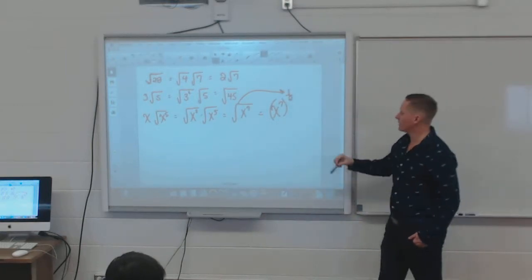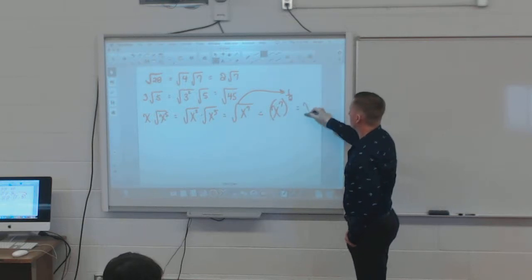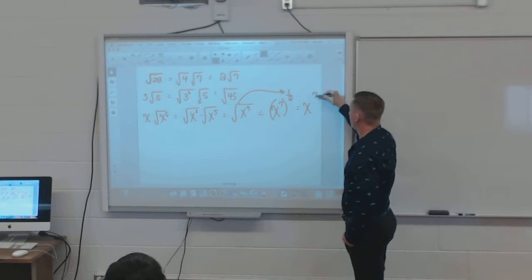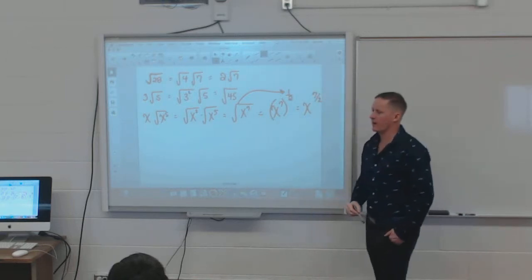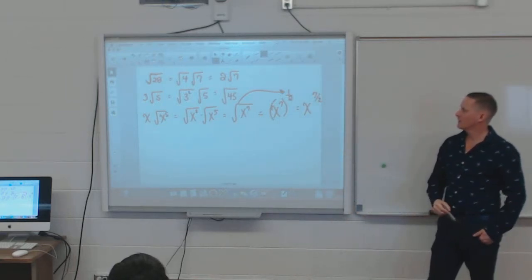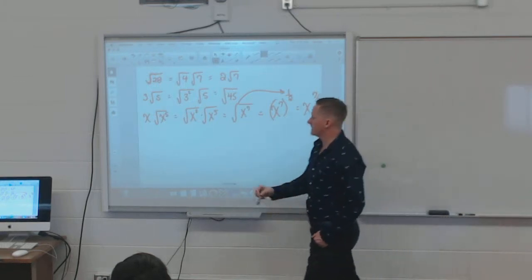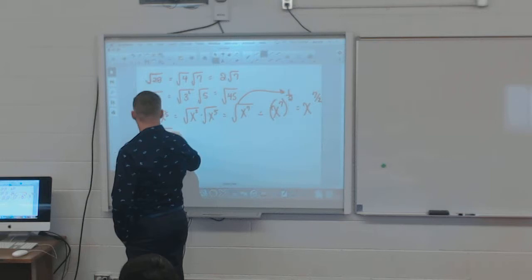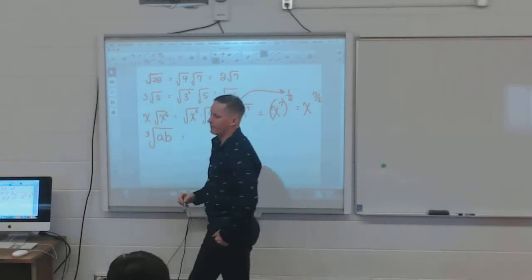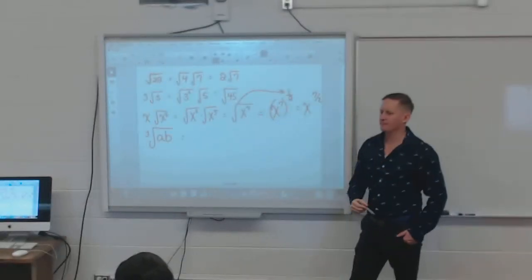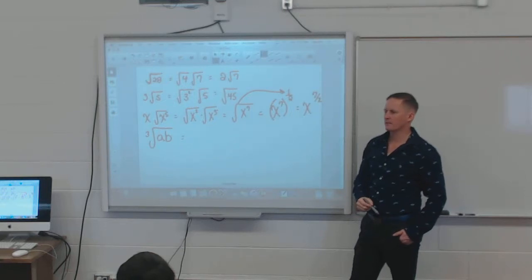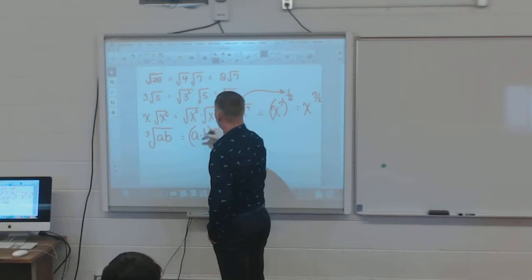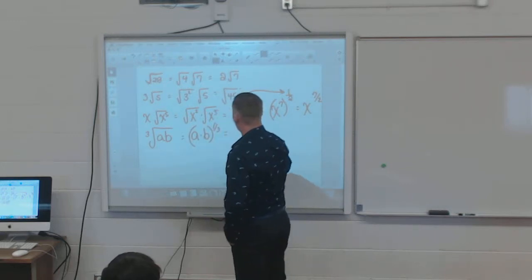Okay, you remember this from last year a little bit now? So now what do I do when I have a power to a power? Multiply them, so I get that, leave it in fraction form. Okay? So then what is this written in exponential form? ab to the 1/3.